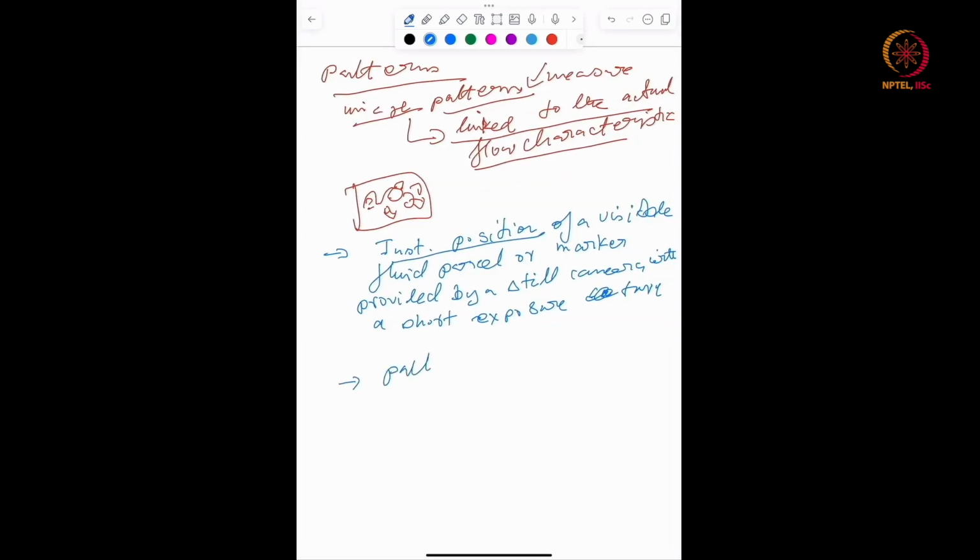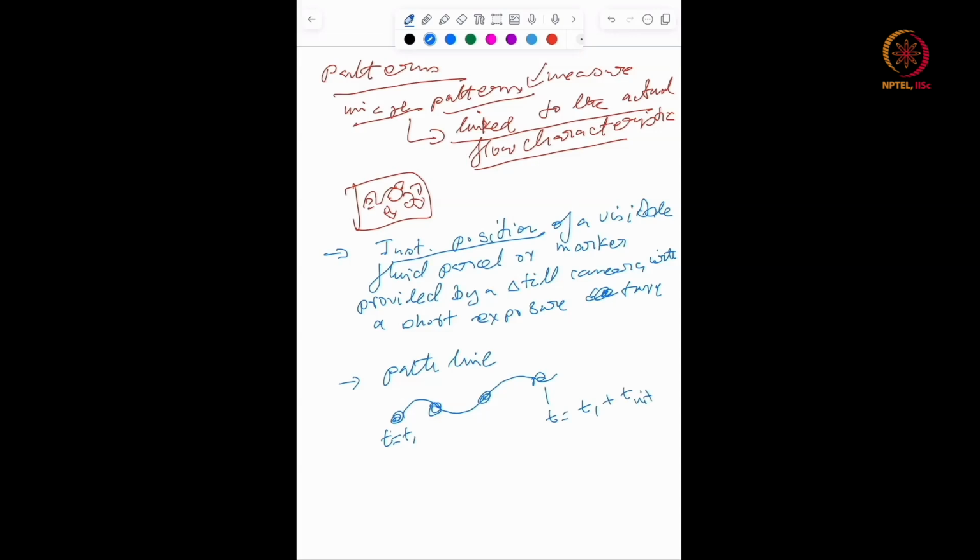Similarly, you can determine something like a path line, okay, which will be the locus of the positions of the fluid particles during a time interval. So this is a fluid particle that is moving around. So this is at t equal to t1. This is at say t equal to t1 plus some time interval.